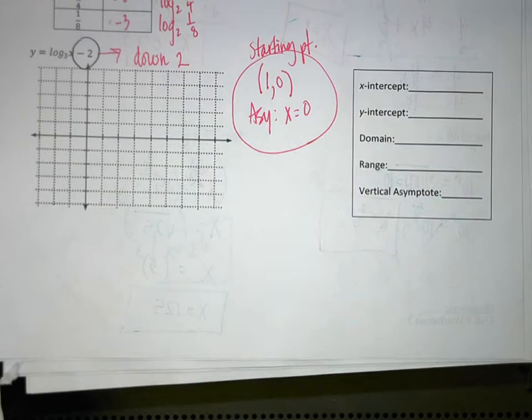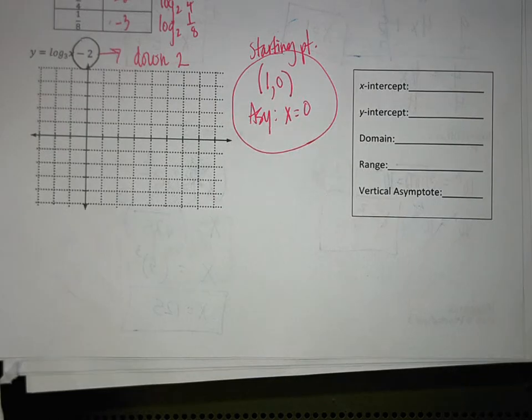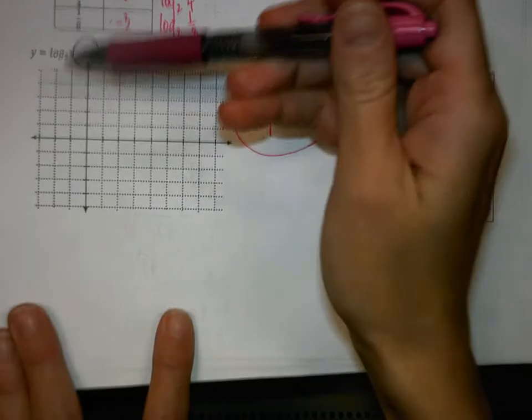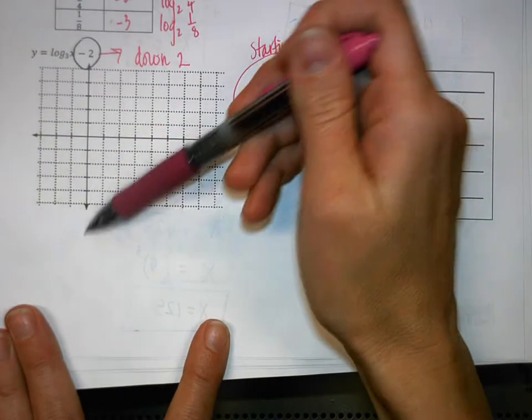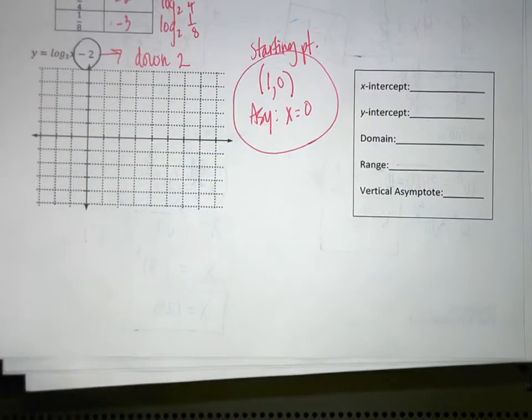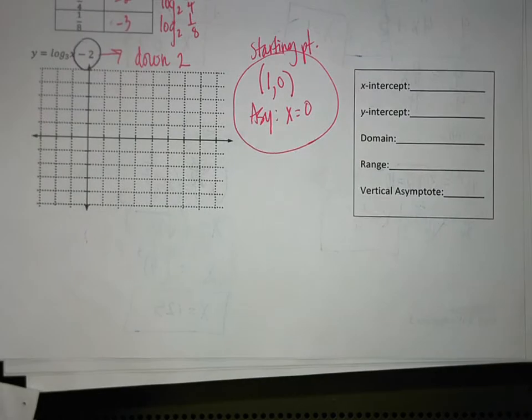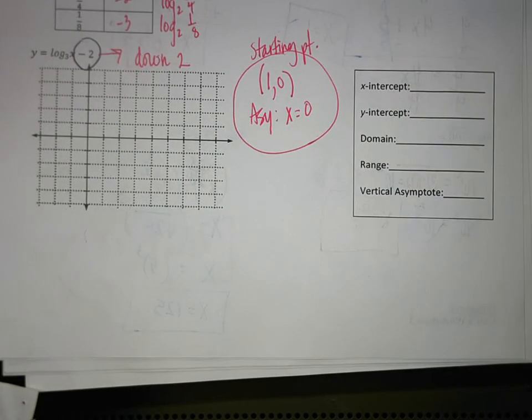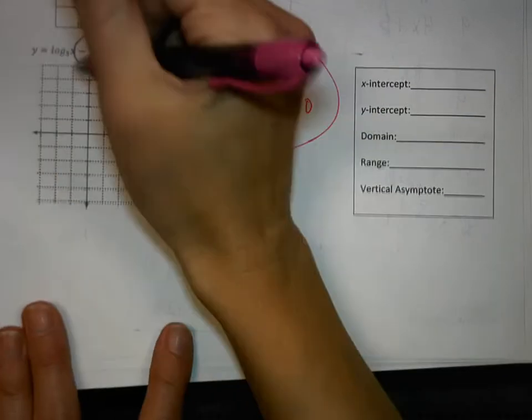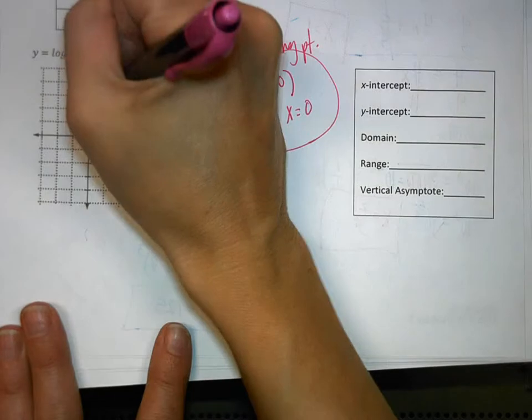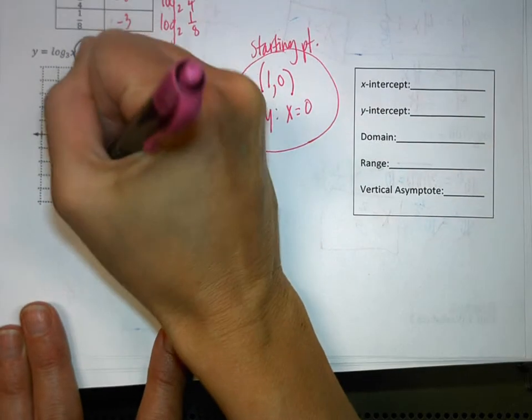But if we translate, these things can move, correct? Yes? Okay, so if we have an asymptote here at x equals 0, and you translate down 2, is that going to change the asymptote at all? No. So we can go ahead and draw that in. We know there's going to be an asymptote there. Okay?